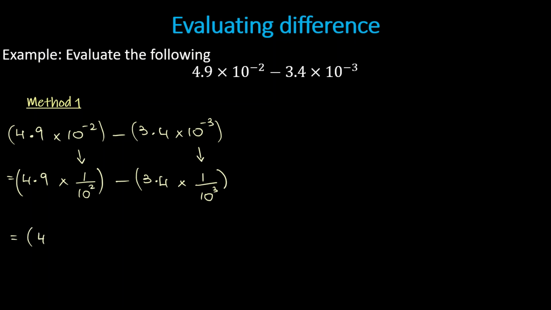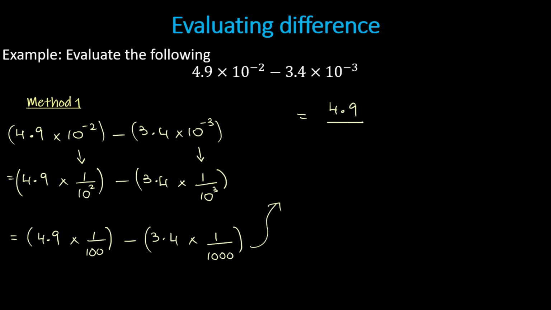We continue. 4.9 times 1 over 10 power 2 is simply 1 over 100 minus 3.4 times 1 over 10 power 3 is simply 1 over 1000. Right? So I continue there. 4.9 times 1 over 100 is simply 4.9 over 100 minus the second one, this is simply 3.4 over 1000.